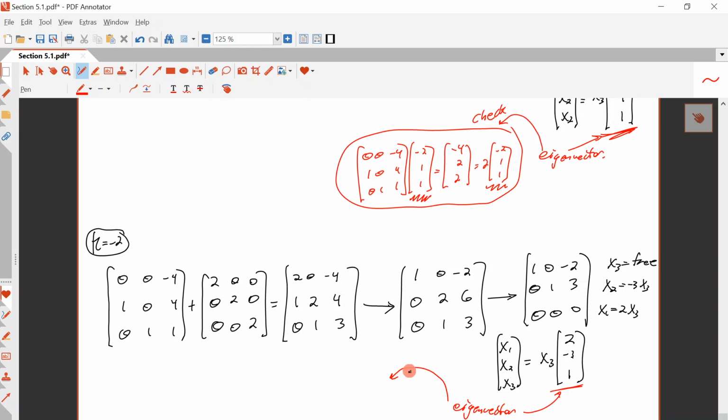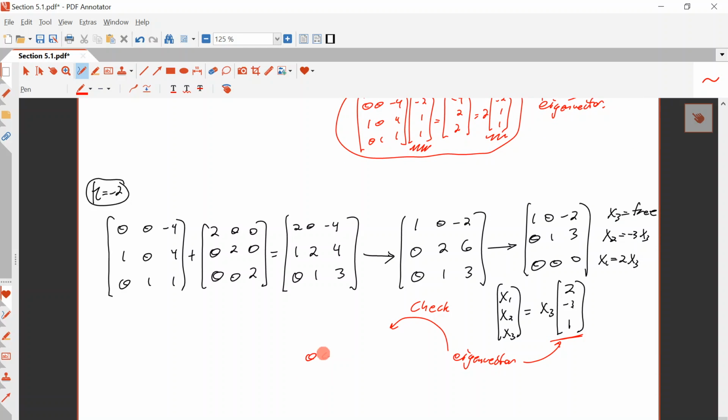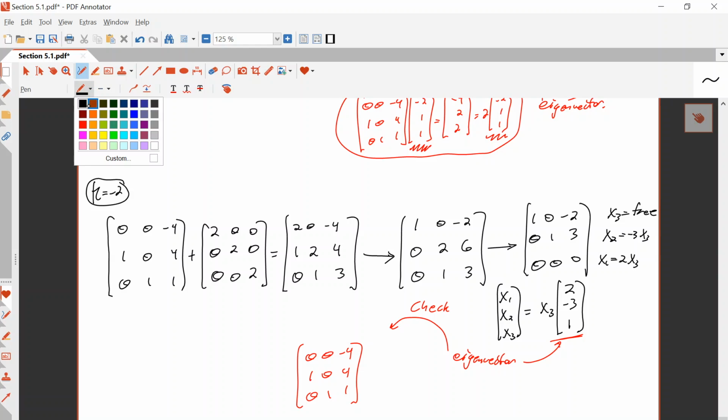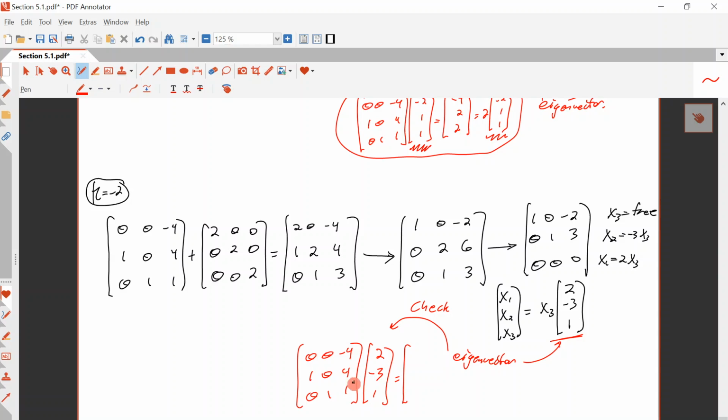And let's check. So 0, 0, minus 4, 1, 0, 4, 0, 1, 1 times 2, minus 3, 1 is equal to 0, 0 minus 4.